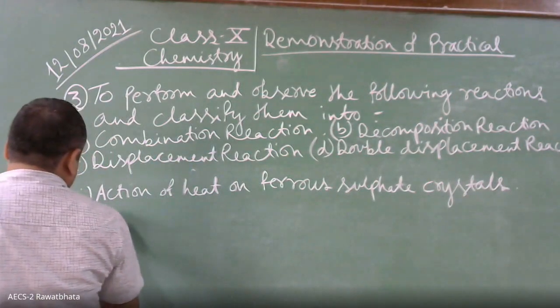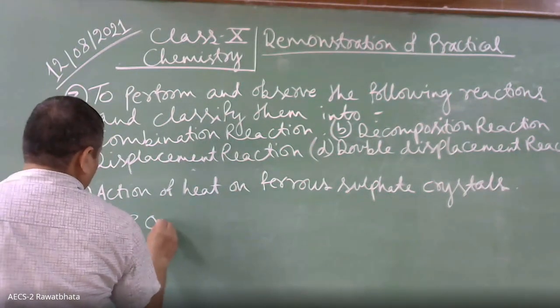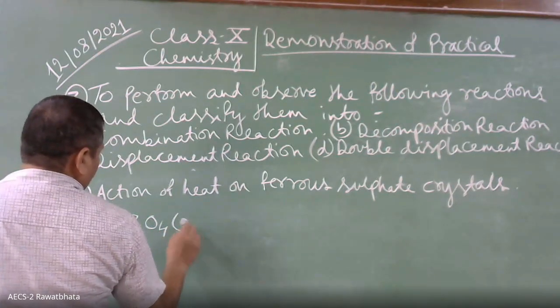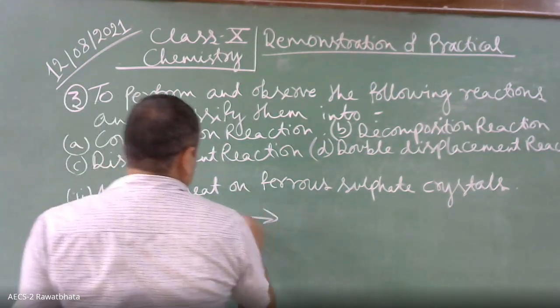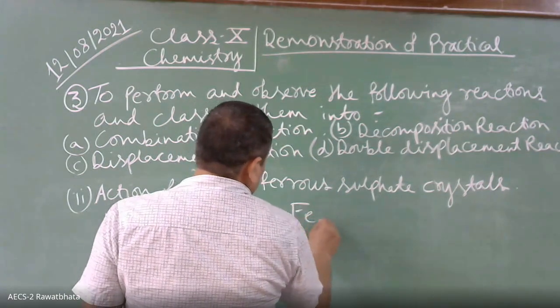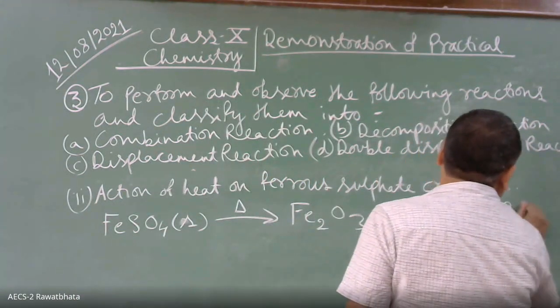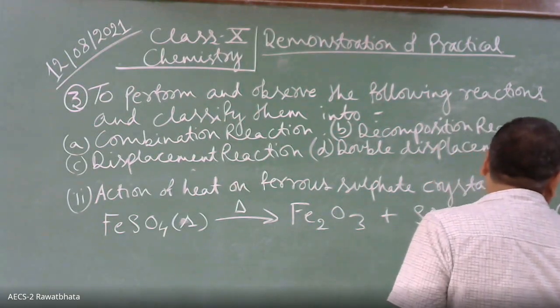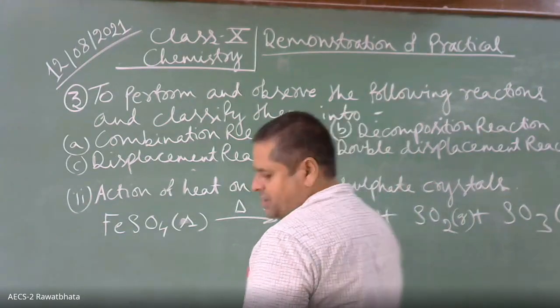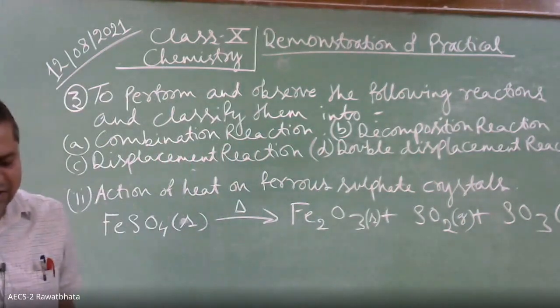So FeSO4 solid, when it is heated, forms Fe2O3 plus SO2 plus SO3. Is it so? Yes, sir. Okay. Now, is this equation balanced, children?